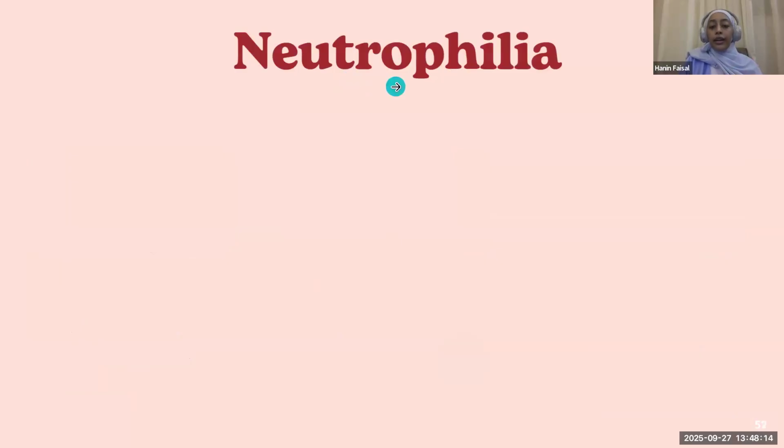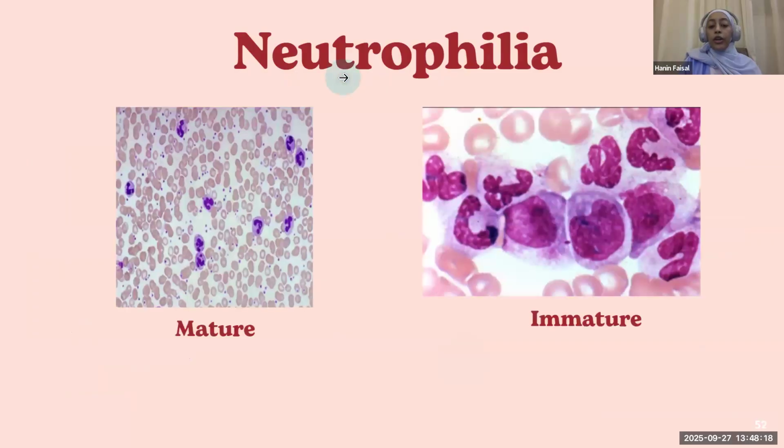Now let's talk about neutrophilia. Again, philia means a lot, and this is the neutrophils. When you have a lot of neutrophils, there are two types: the mature and the immature. Mature means you have a lot of neutrophils, and you can see that here. Dr. Rehan will most probably give you the same exact photos, so just memorize them. There are a lot of neutrophils here, and this is called neutrophilia, the mature type.